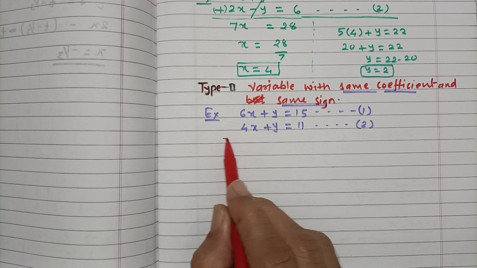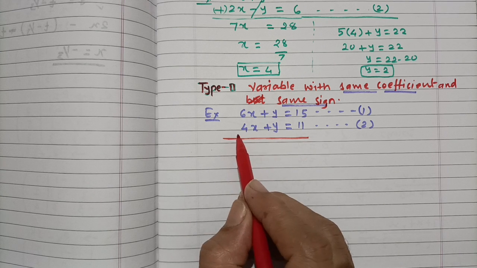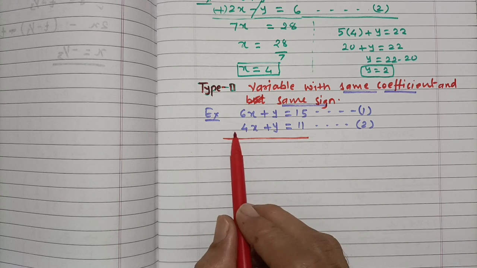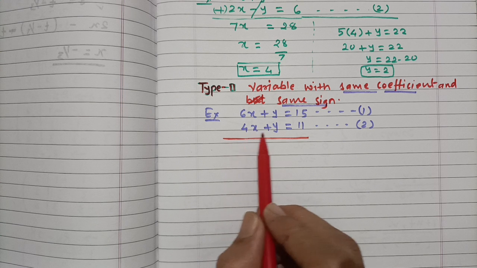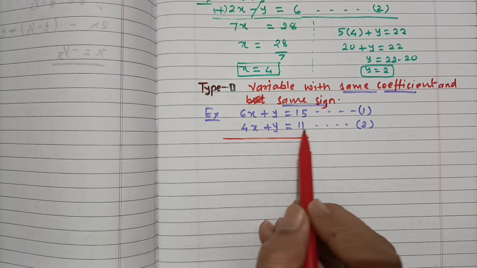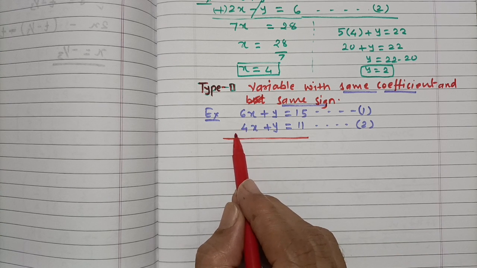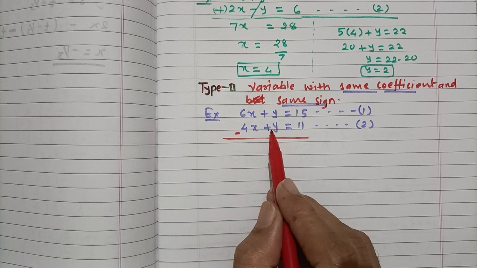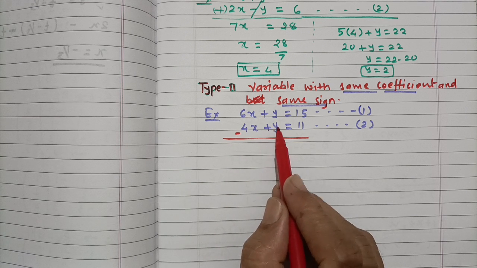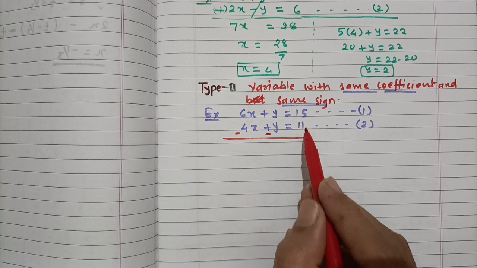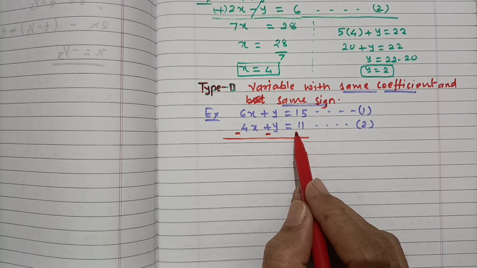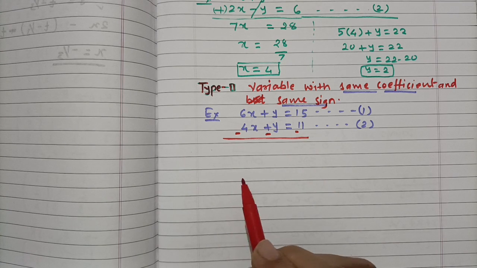If we subtract, the sign of all the terms in the second equation gets changed. For example, this plus 4x becomes minus 4x, this plus y becomes minus y, and this 11 becomes minus 11.